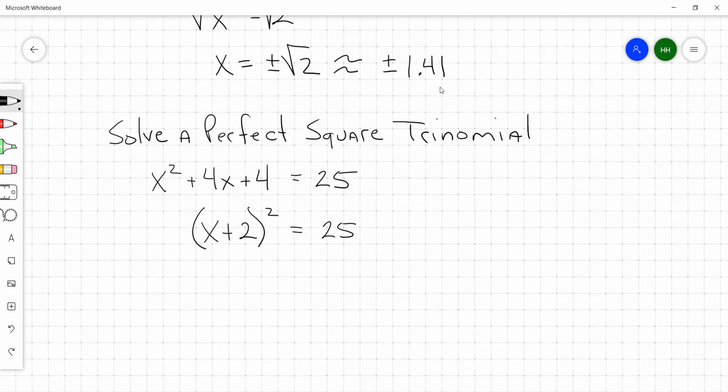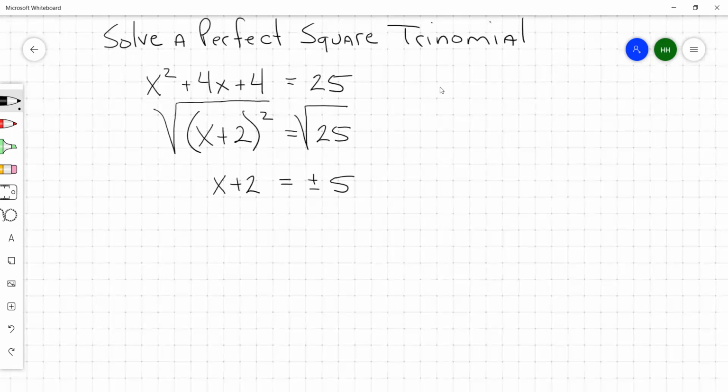Now, since this whole quantity is in the parentheses, if you take the square root of both sides, on the left-hand side, the square root of x plus 2 squared is x plus 2. And it's equal to the square root of 25, which is positive or negative 5. Now here's how you finish this. You take x plus 2 and make it equal to the positive 5.